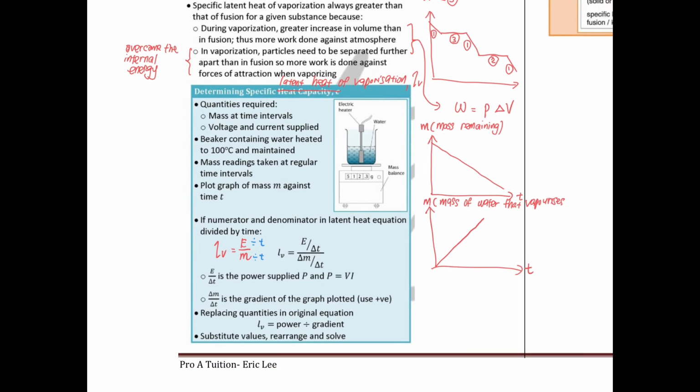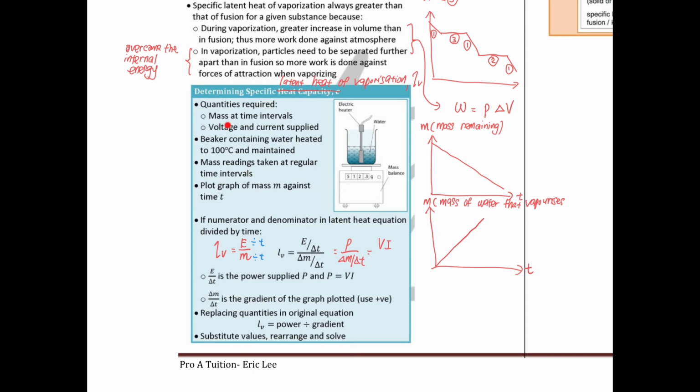The reason is quite obvious. When you take E divided by time, then you will get the power supplied P, and that means it becomes P over delta M over delta T, and P is VI.